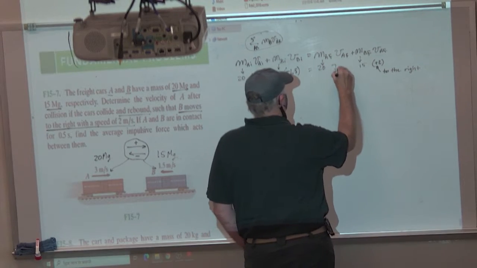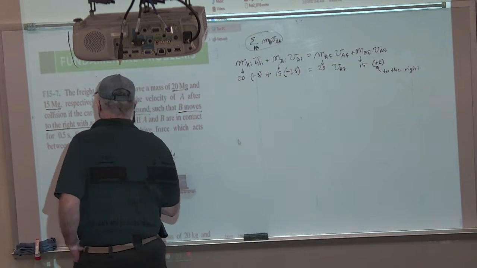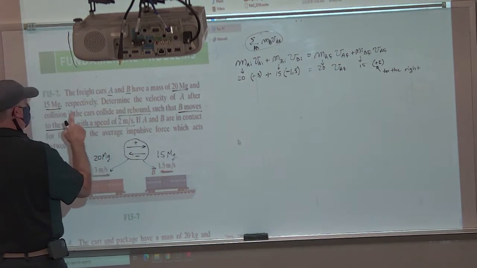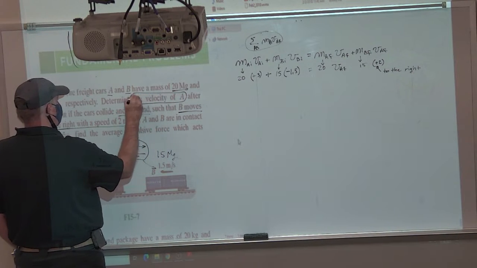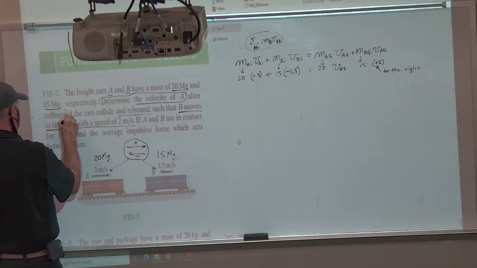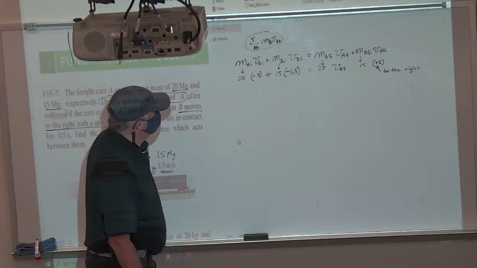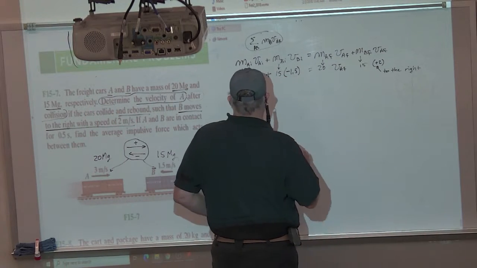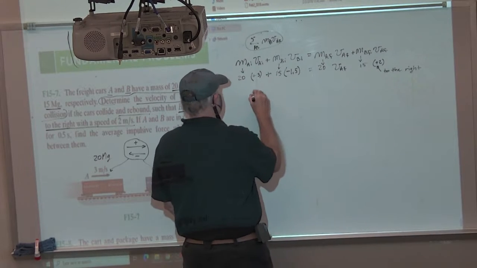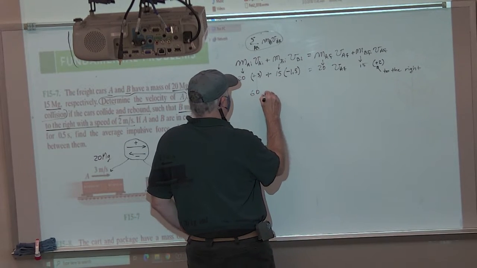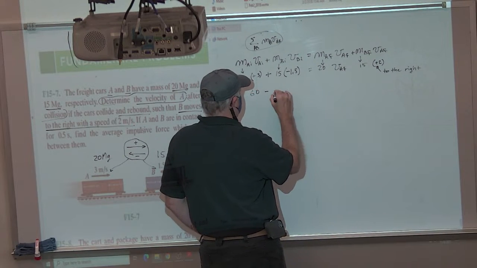The only thing you don't know, he wants to know, determine the velocity of A after the collision. That would be this one. So what you got is 20 times 3, or 60. 15, and then half of 15 is 7.5.